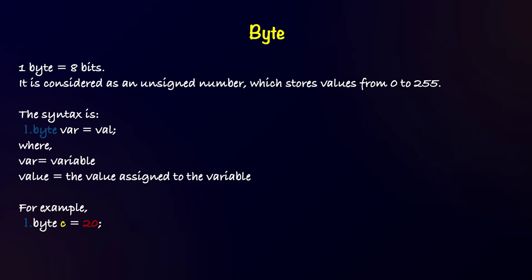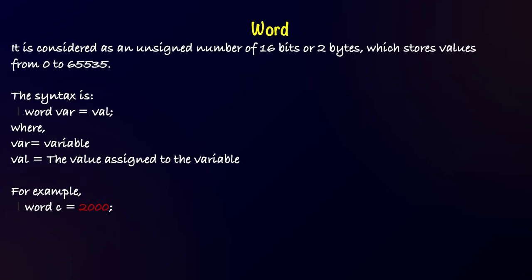Word is considered an unsigned number of 16 bits or 2 bytes which stores values from 0 to 65535. What is the syntax? Again the same. No worries about the syntax. This is how it is written.